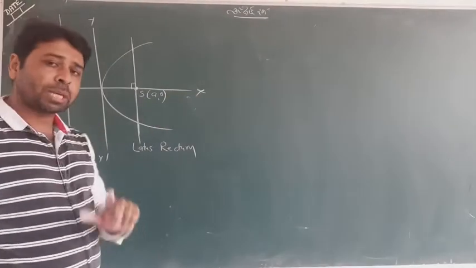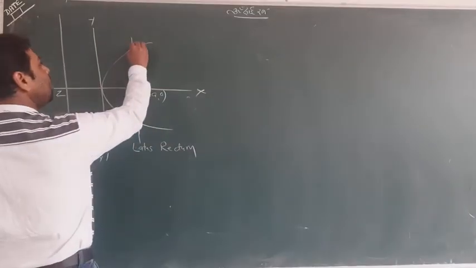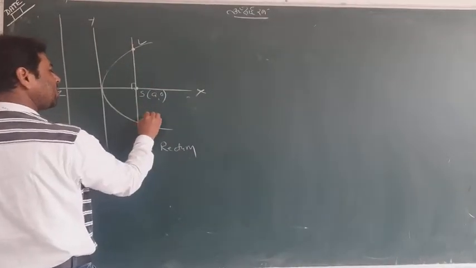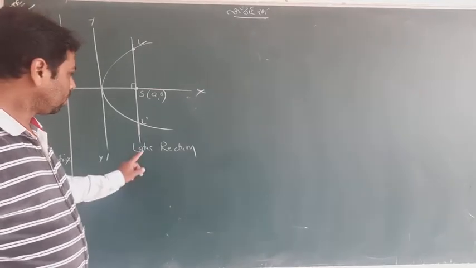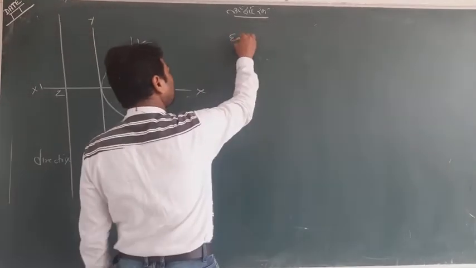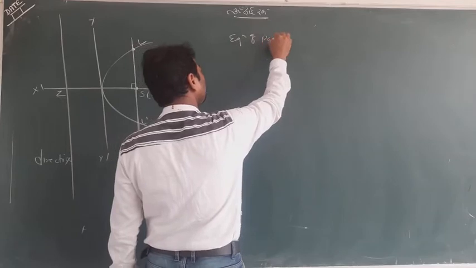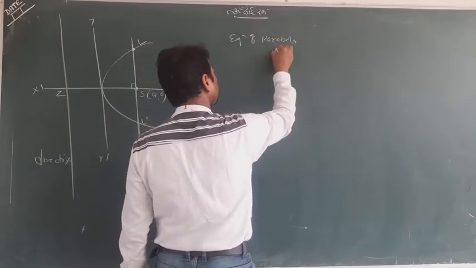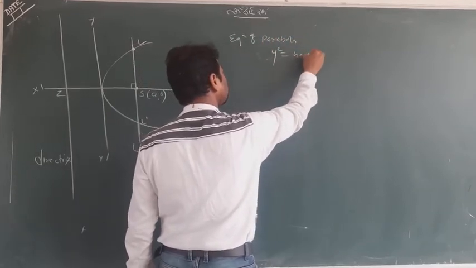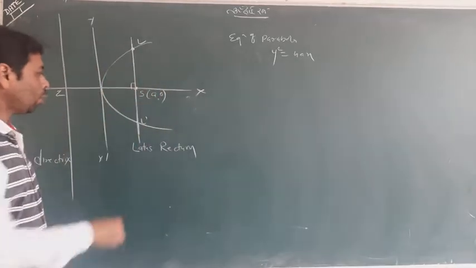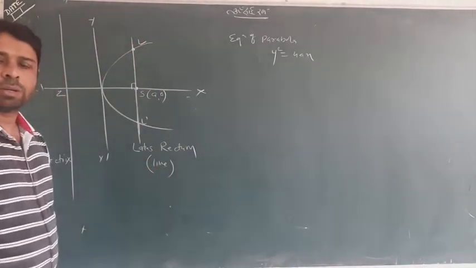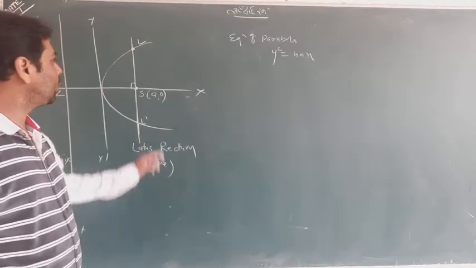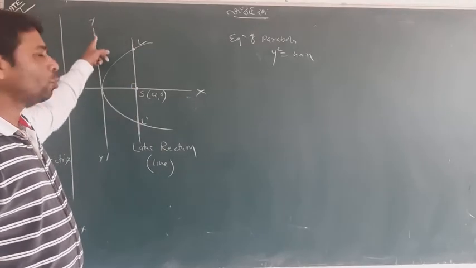Now let me tell you some more about the latus rectum. Suppose it is L and L dash. First of all, the equation of the parabola you know now: y square equals 4ax. Second thing, what is the equation of the latus rectum? The latus rectum is itself a line, and its equation you can find easily because this line is parallel to the y-axis.